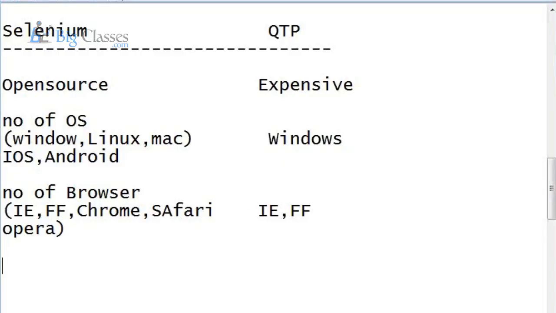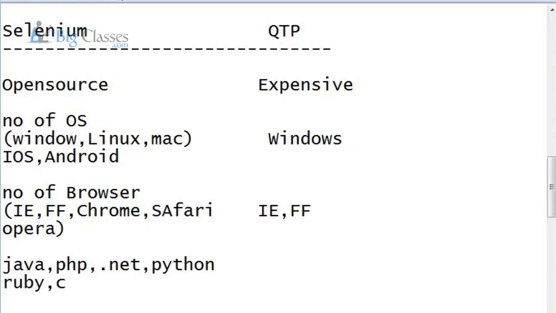You can write here: it supports a number of languages like Java, PHP, .NET, Python, Ruby, C Sharp, etc. So once again, guys, Selenium supports a number of languages, but QTP supports only VBScript.